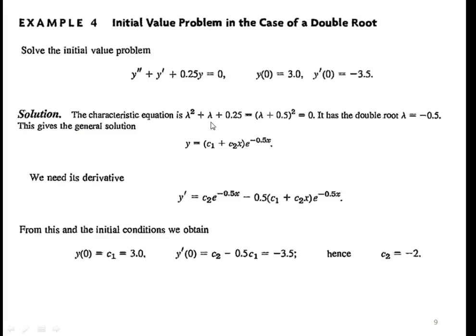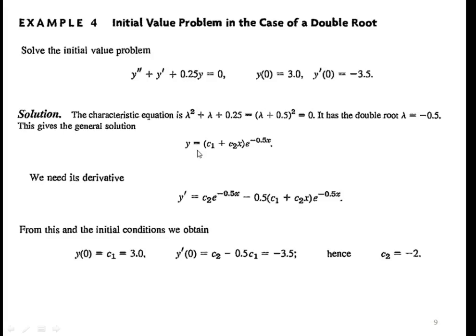Now the characteristic equation is equal to this value. Again, you have seen I have just one lambda equal to minus 0.5. Again, lambda 1 is equal to lambda 2. Due to lambda 1 being equal to lambda 2, this is case number 2.